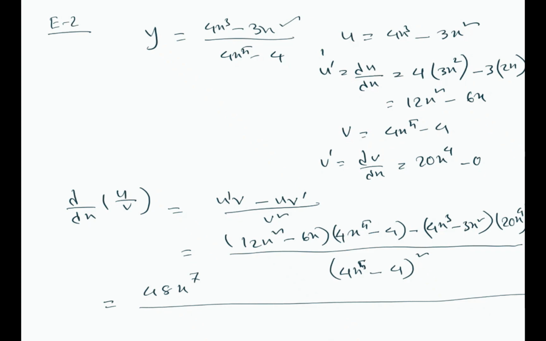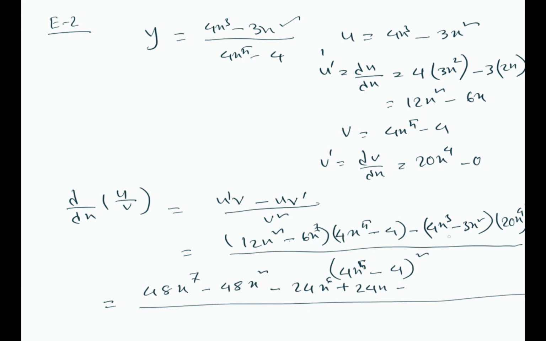Then 12x squared into 4, so it will be minus 12 into 4, 48x to the power 2, right? Then we have negative 6 into 4, 24x to the power, here we have power 1, so 5 plus 1 is 6, right? Then minus times minus is plus 24x to the power 1.